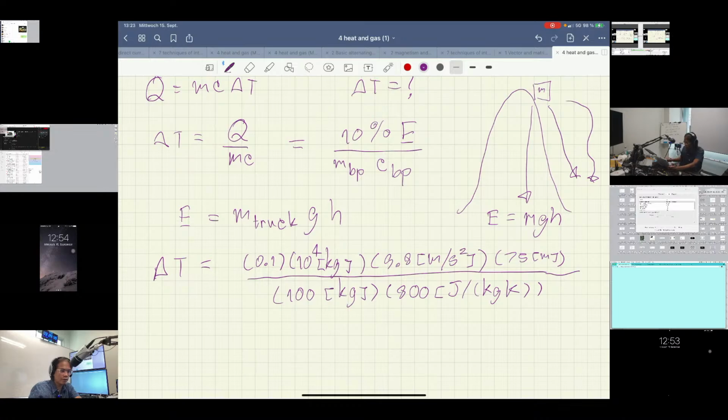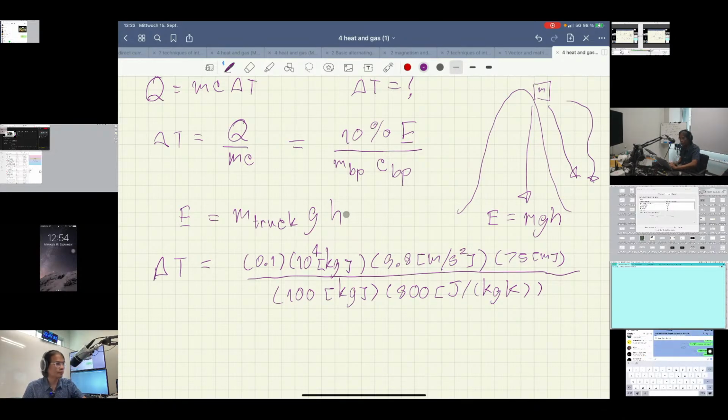Yeah, then we have to put all these numbers into the calculator, right? So that we could get the result as a decimal number, right?